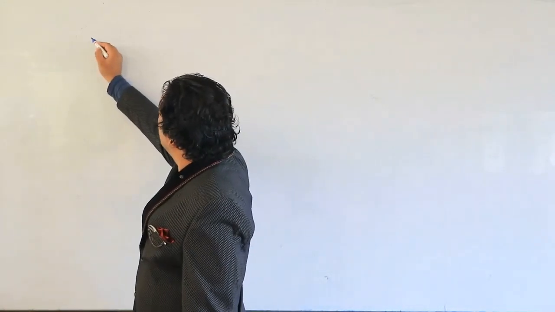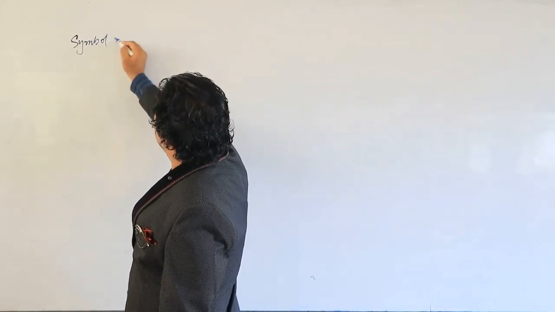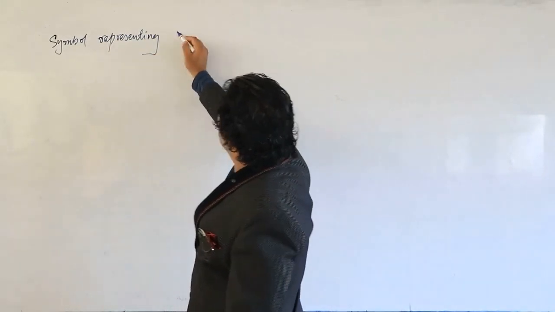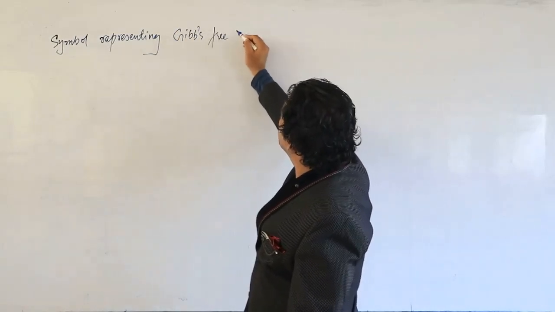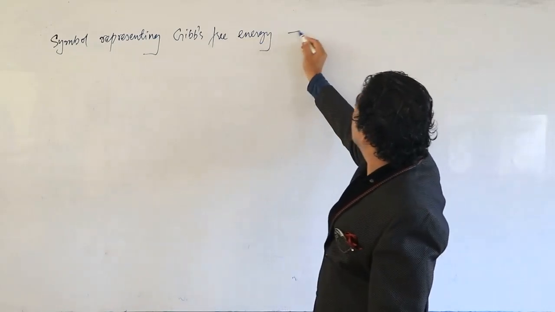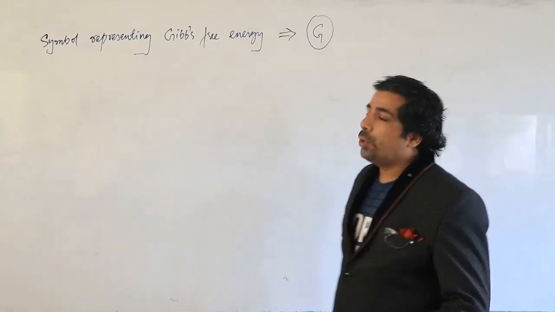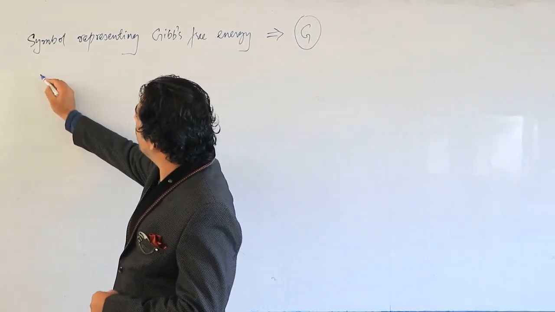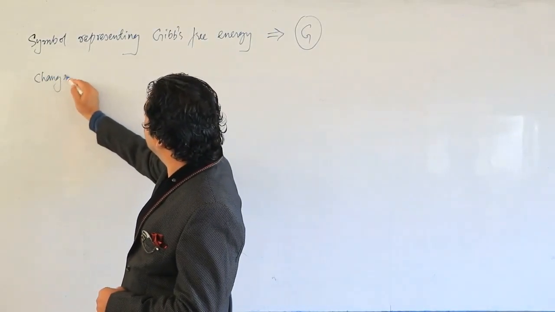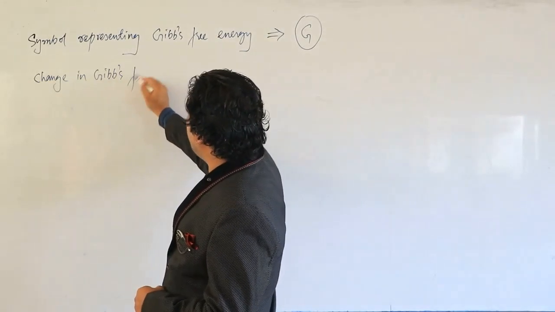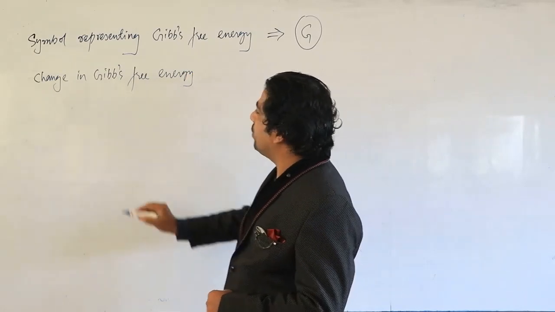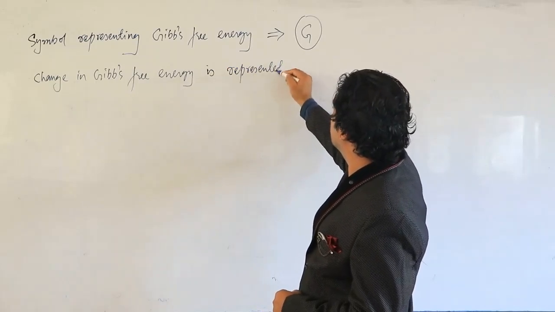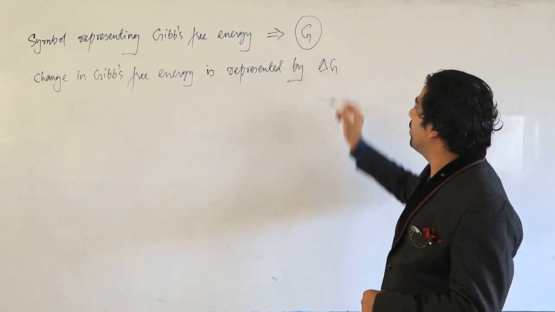The symbol representing Gibbs free energy is G. So we will represent the Gibbs free energy by the symbol G. Change in Gibbs free energy is represented by delta G, my dear friends.